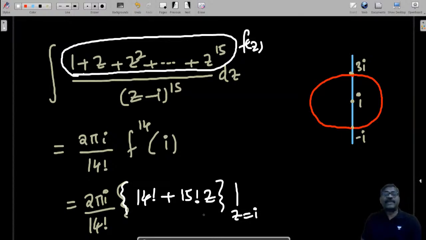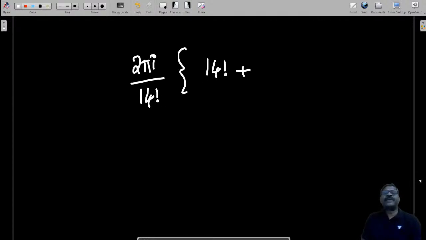That is 2 pi i by 14 factorial into (14 factorial plus 15 factorial into i).